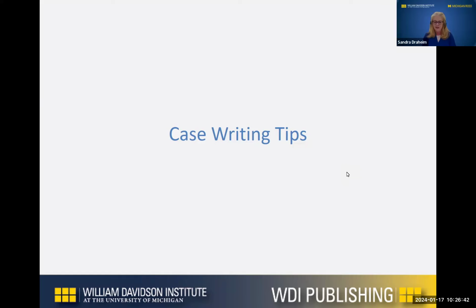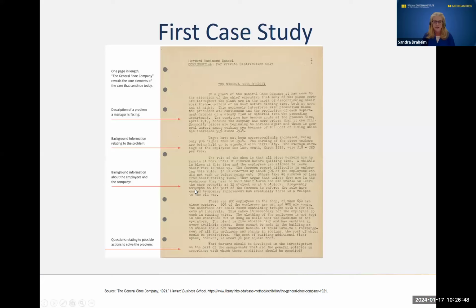All right, case writing tips. Some of you may know that the very first Harvard published case was in 1921 and was about the General Shoe Company. It was exactly 1 page long. You can see it on the screen right now.